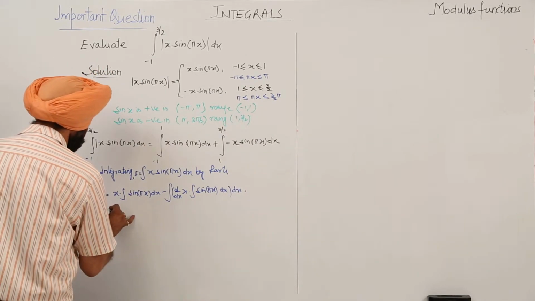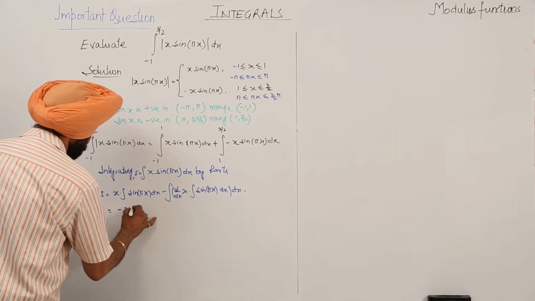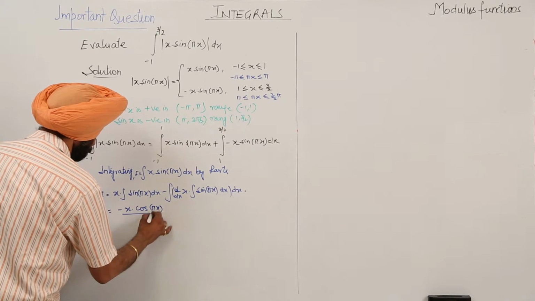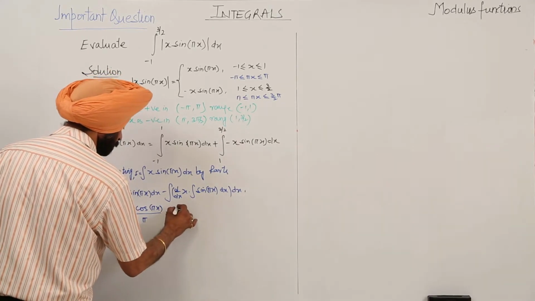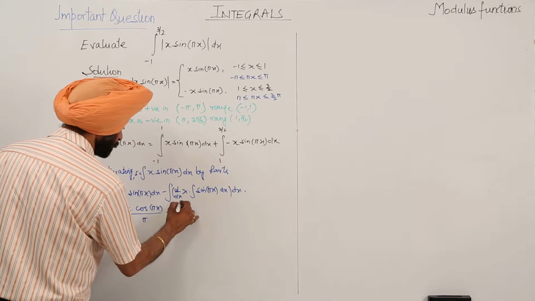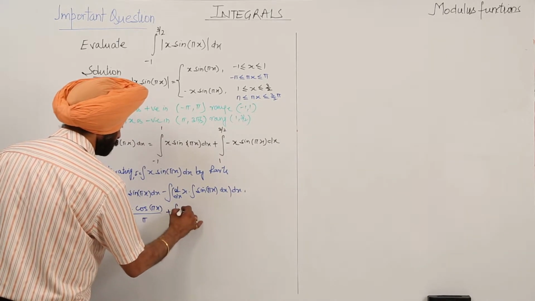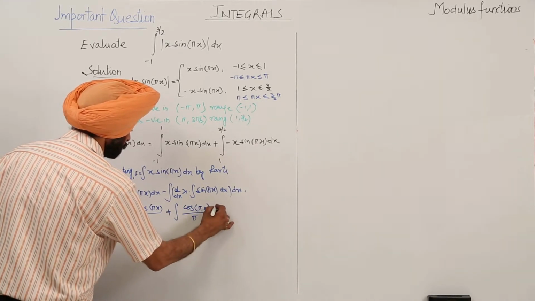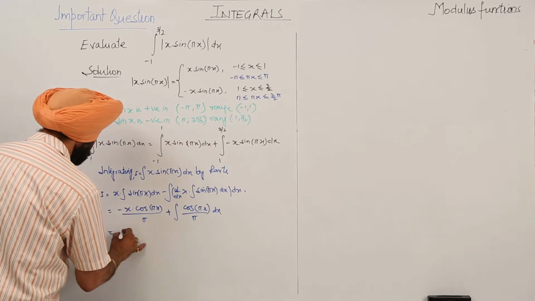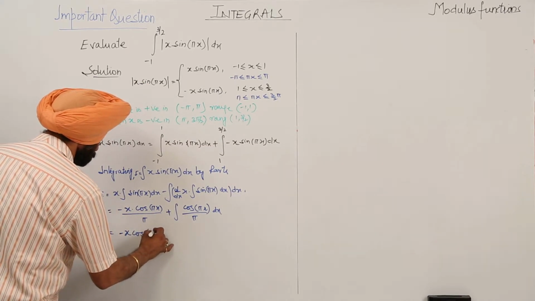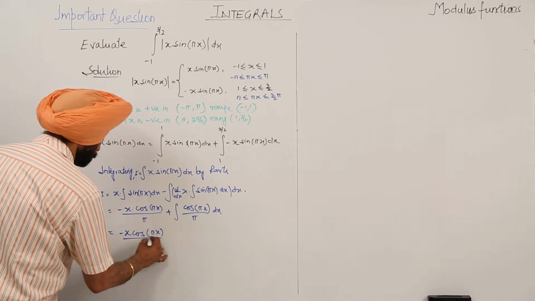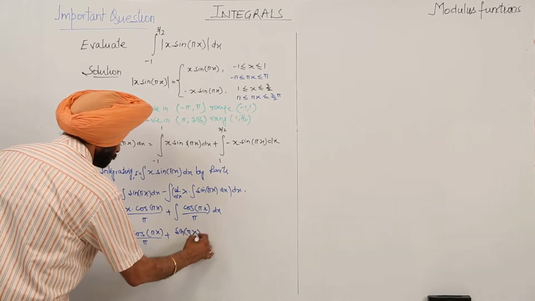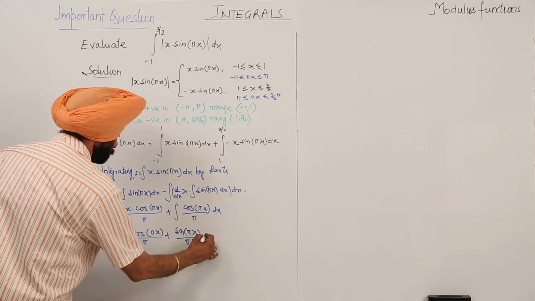So now this becomes negative of x cos pi x upon pi, minus, and minus this becomes plus, the integration of cos pi x upon pi dx, and this is equal to minus x cos pi x upon pi plus sin pi x upon pi square plus c.